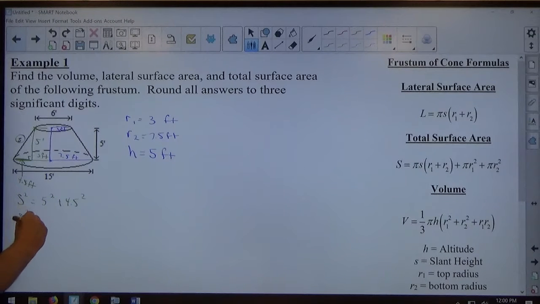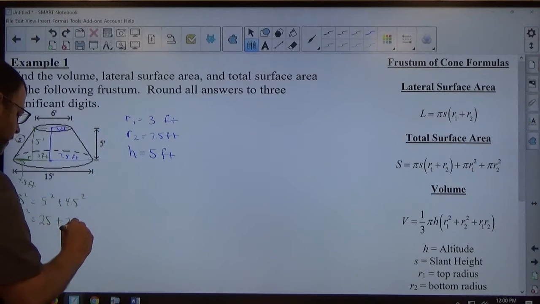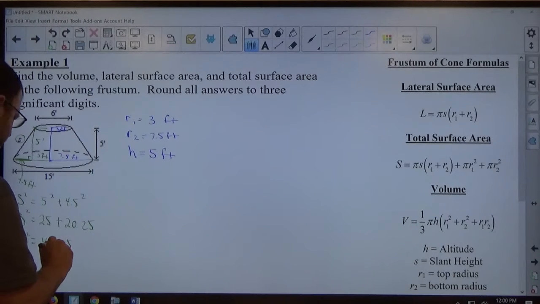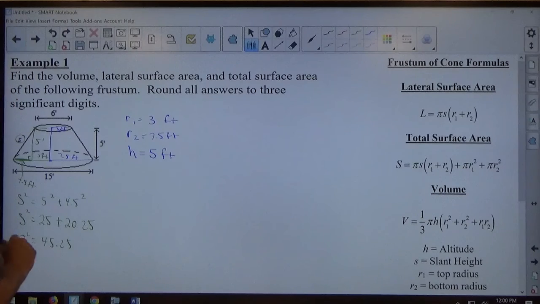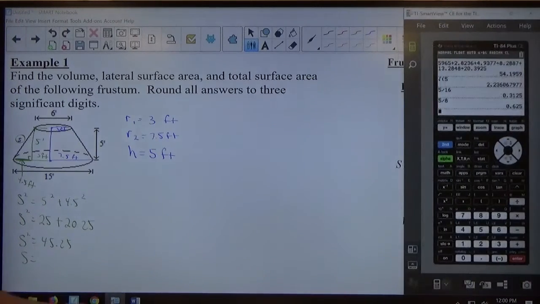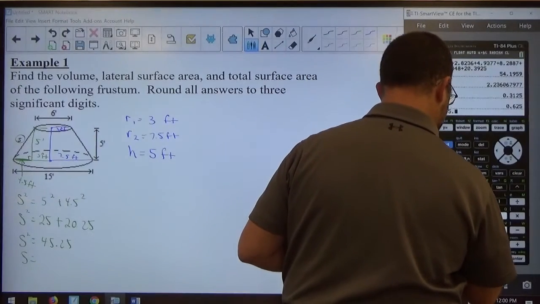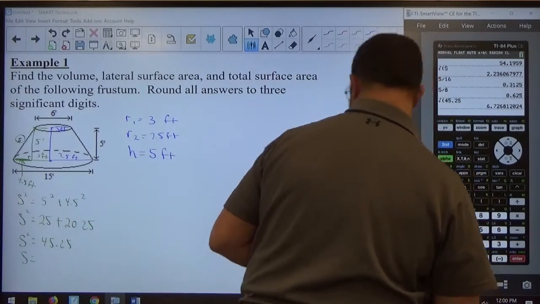So S squared is going to equal 5 times 5, which is 25, plus 4.5 times 4.5, which is 20.25. We add those together, S squared is going to be 45.25. So S is going to be the square root of 45.25, which is 6.73.